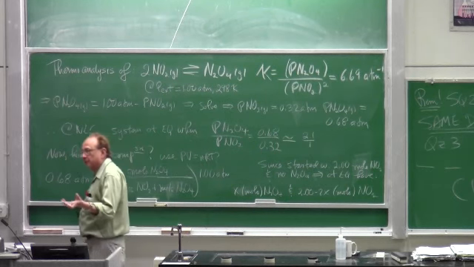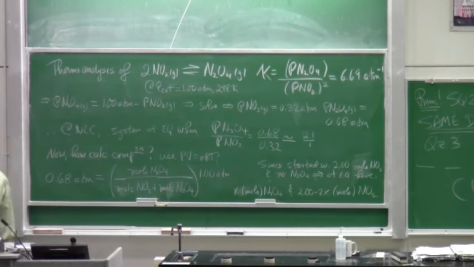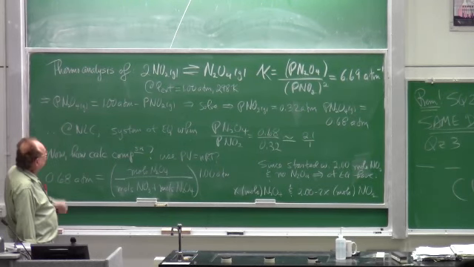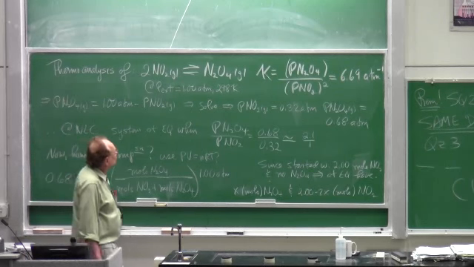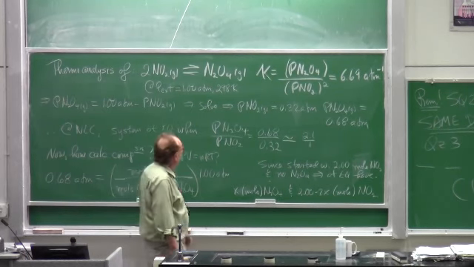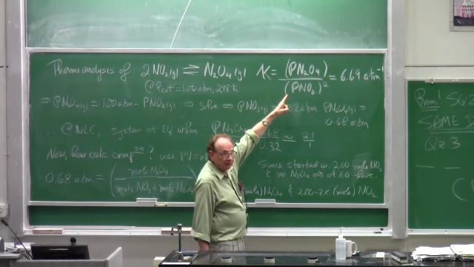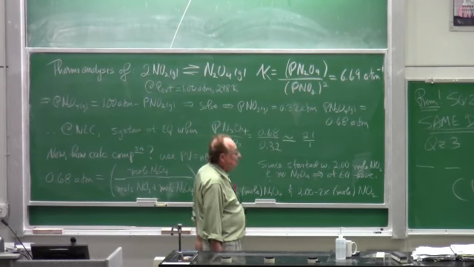So if the total pressure is 1.00 atmospheres, then the partial pressure of one of the component gases, because this is only a 2-component system, is the total pressure less the partial pressure of the other component. Nothing fancy about that. So I wrote this with respect to partial pressure of N2O4. Take this, put it in for the partial pressure of N2O4 and solve it.